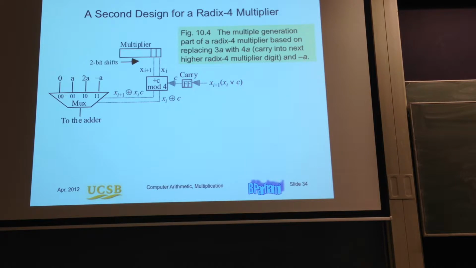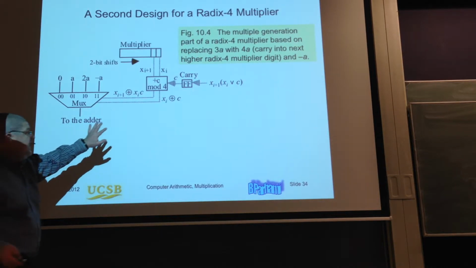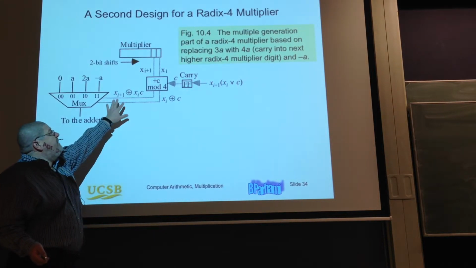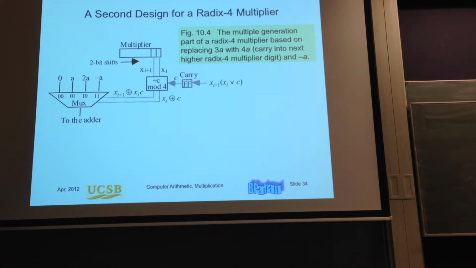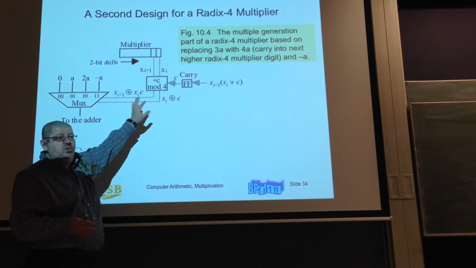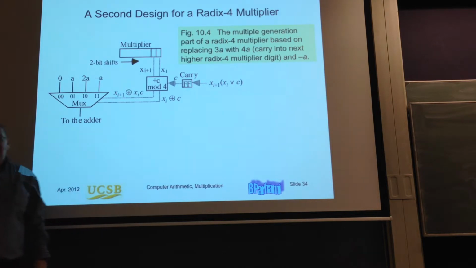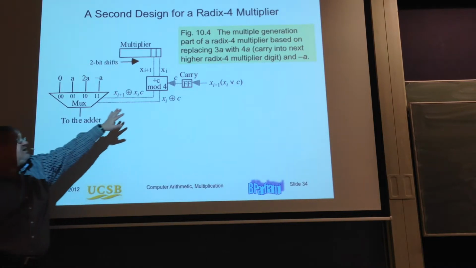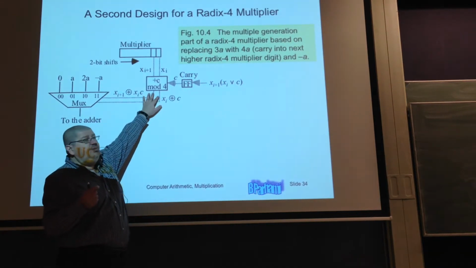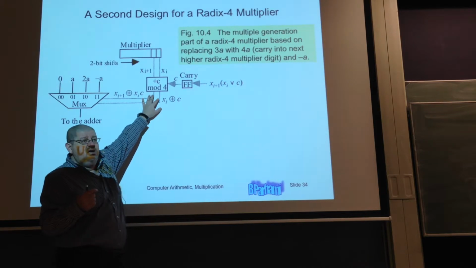Then now I will do selection as before, but that selection will not be directly controlled by the 2 bits in X. It will be controlled by a kind of simple logic which will keep in mind a previous carry. If I had to deal with 3a in a previous iteration, I would have a carry here, and then I have to do a modulo 4 calculation in this.